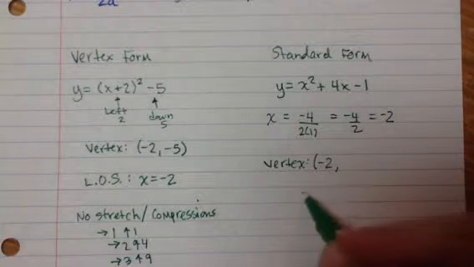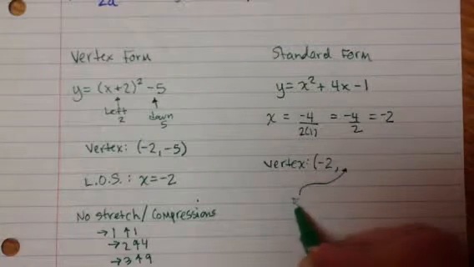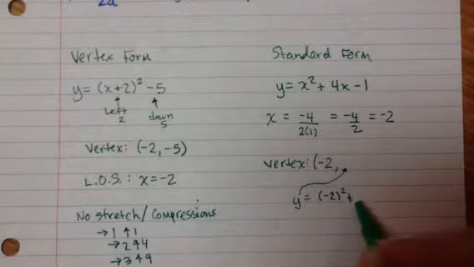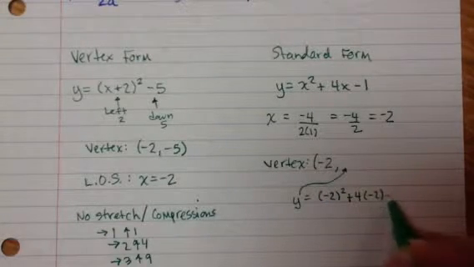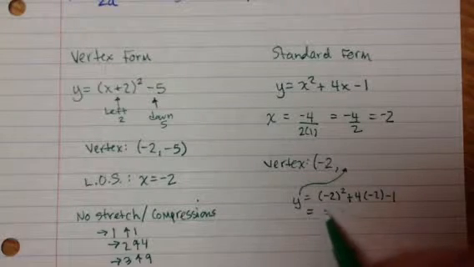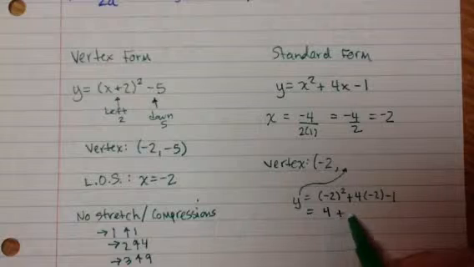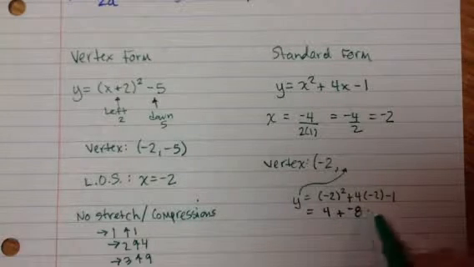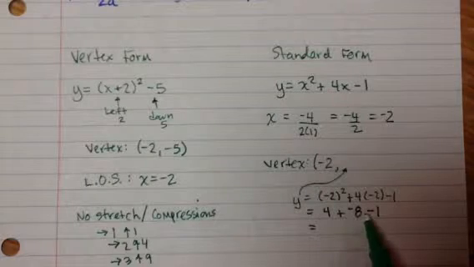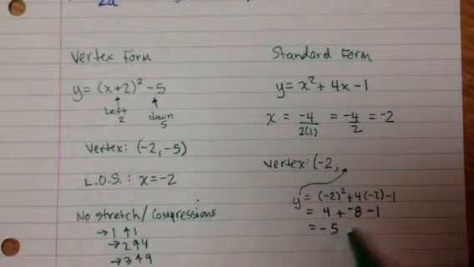So the y-coordinate, y will equal (-2) squared plus 4 times -2 minus 1. So we get (-2) squared is 4, plus 4 times -2, which is -8, minus 1. So 4 and -8 is -4, minus 1 is -5.